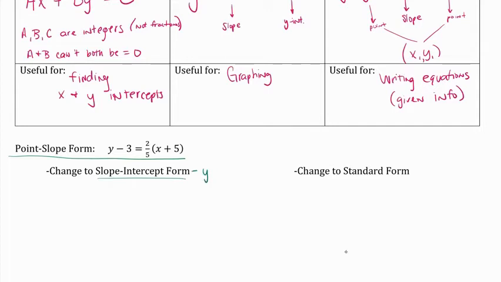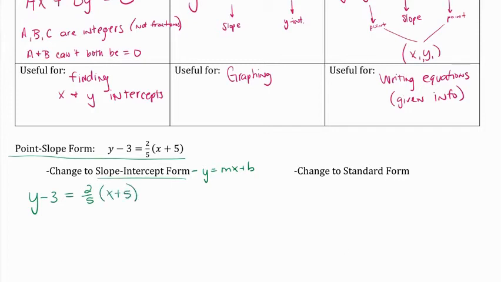Slope-intercept form is y equals mx plus b. We did this a lot in the last unit, right? We wanted to put it into slope-intercept form so we could graph. So to get that one into slope-intercept, basically we just need to get y by itself. So we're going to take our y minus 3 equals 2/5 times x plus 5.